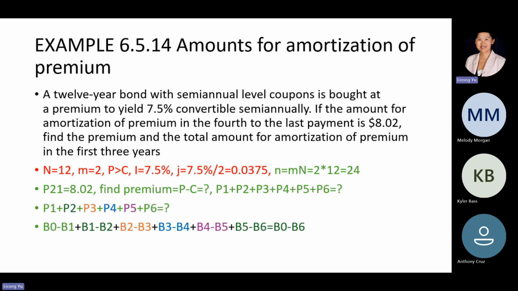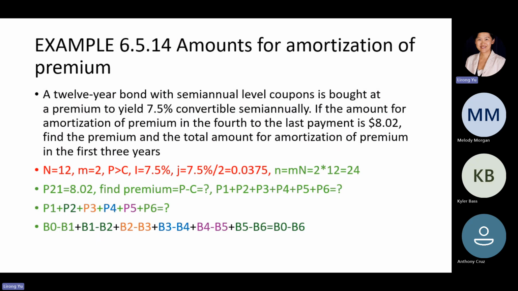Okay, so let's try to simplify the question a little bit. According to what we learned before, what is PT? PT equal to B(T-1) minus BT. So for example, P1 equals B0 minus B1, P2 is B1 minus B2, P3 is B2 minus B3, P4 is B3 minus B4, P5 is B4 minus B5.